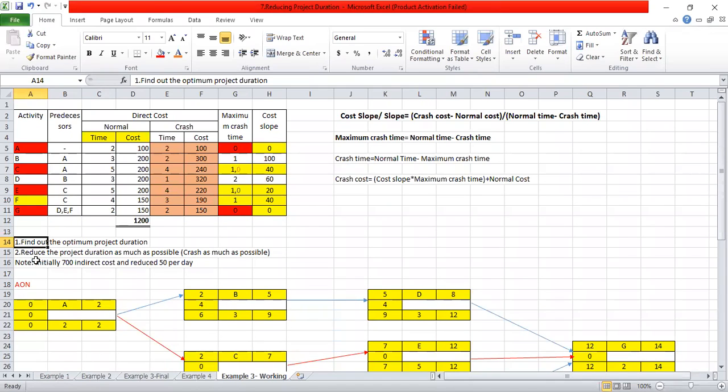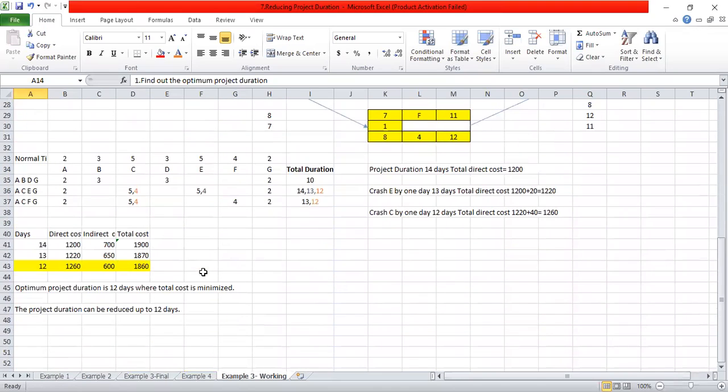The second one is reduce the project duration as much as possible. That means crash as much as possible. So we can crash this activity up to 12 days. Further to that, we cannot crash this activity. That means the project duration can be reduced up to 12 days.